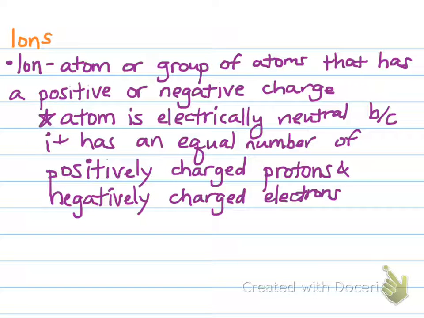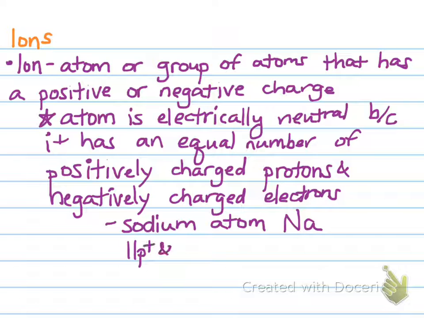So remember when we talk, for example, about a sodium atom, we're talking about sodium, which has an atomic number of 11, so it has 11 protons and 11 electrons.